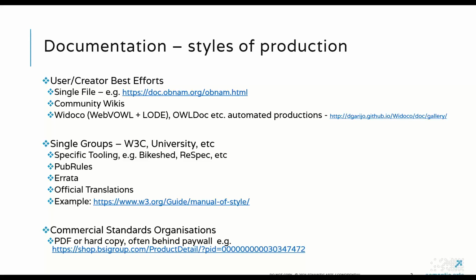The other style of production comes with commercial standards organizations, where the documentation tends to be very difficult to work with, tends to be PDF or a book or something, and it's very often behind a paywall, because they're coming at it from a completely different angle.